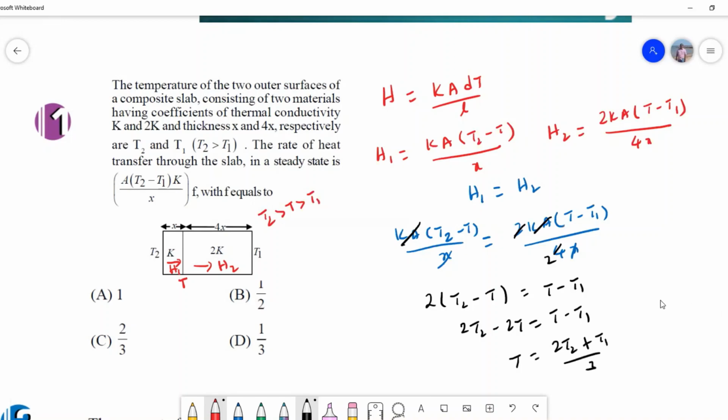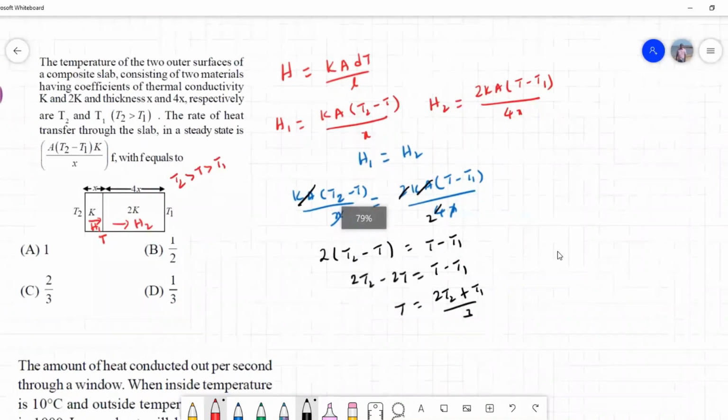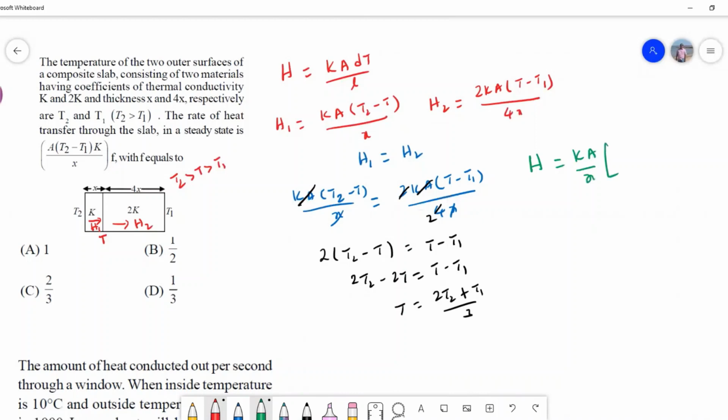Now we got the junction temperature, and let's find out the rate of transfer of heat. I'll take this value of T and put it in the first equation. So this is nothing but KA upon x into T2 minus 2T2 plus T1 whole upon 3. What I've done is I took this T value and kept it in the first equation.